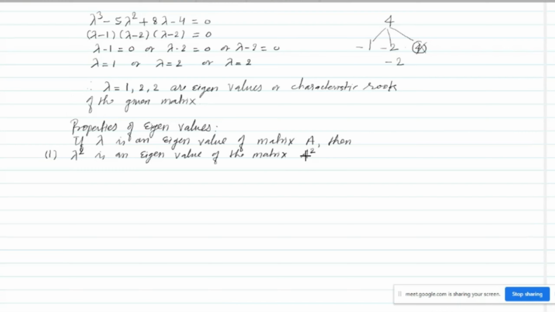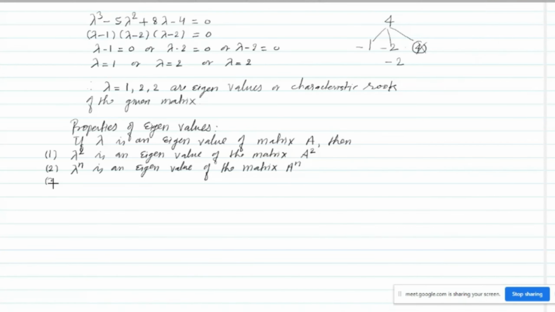And number two, इसी को मैं जनरलाइज फॉर्म में लिख रहा हूँ, lambda raised to n is an eigenvalue of the matrix A raised to n.